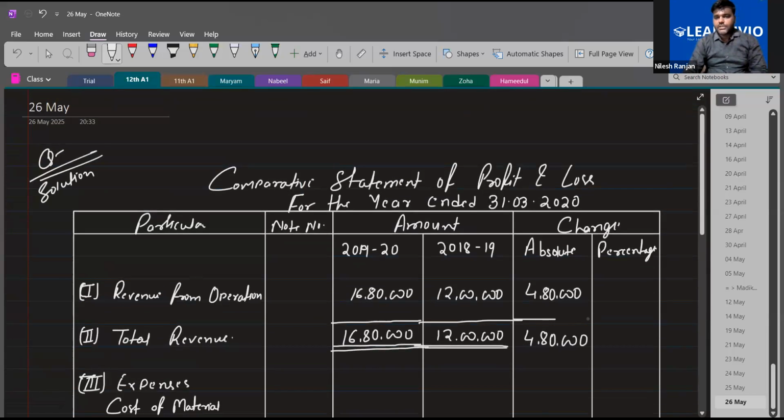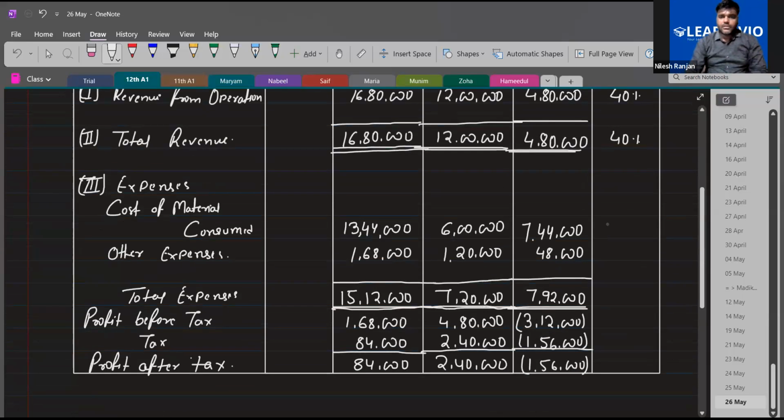Now the percentage. The percentage of the first item is 40%, and again 40% for total revenue. Then for expenses it is 110%.